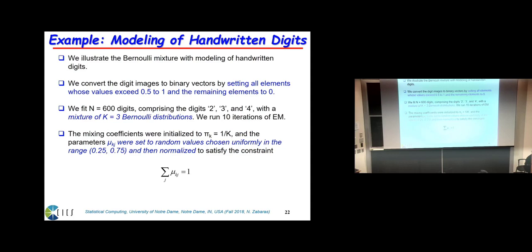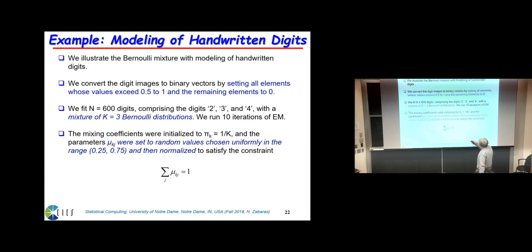By the way, you may say, wait a second, you told us all these are vectors, and now we have an image. What is the vector? Well, you take all the pixels and put them all together, that's a vector. And because in our case we work with binary values, these distributions are Bernoulli distributions, so you have to binarize the images in such a way that they're black or white.